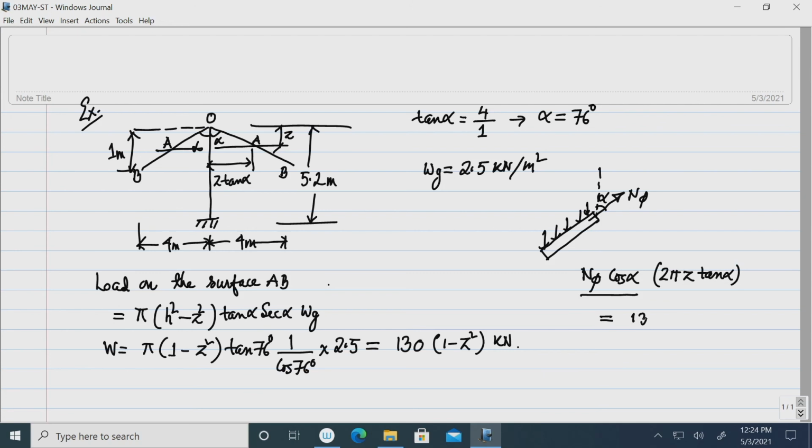So, total vertical load we obtained is 130 into 1 minus z square. So, from that quantity we can now, after substituting the value of alpha, which is 76 degree, simplify.